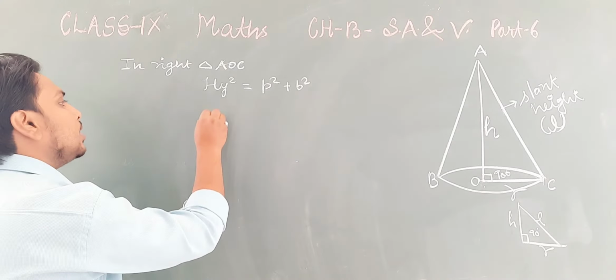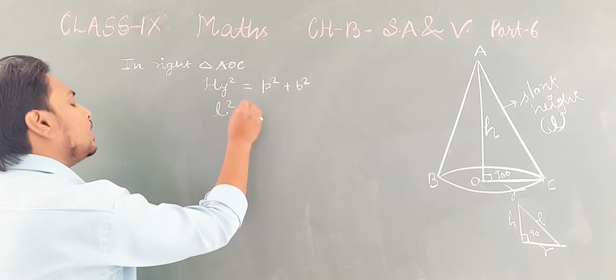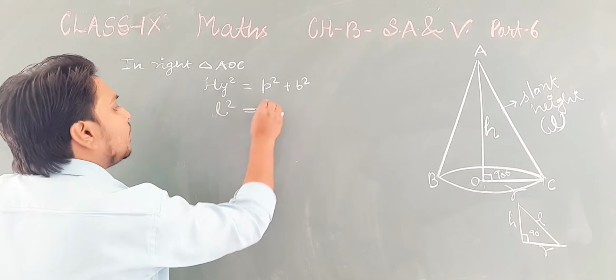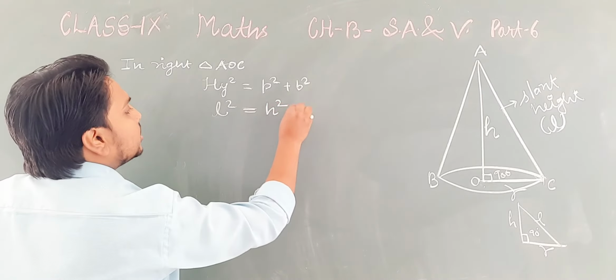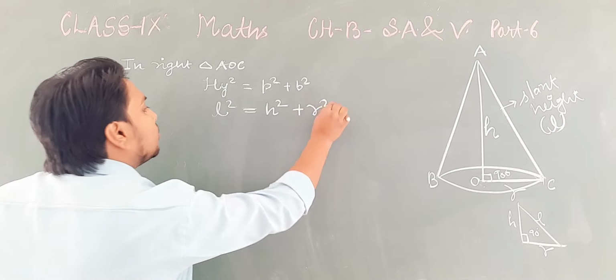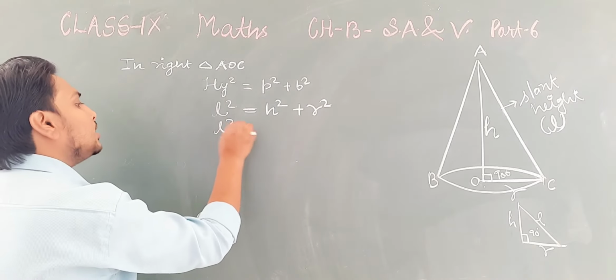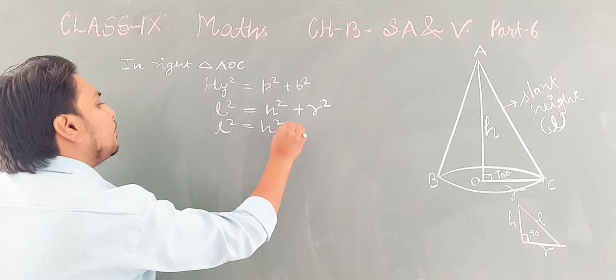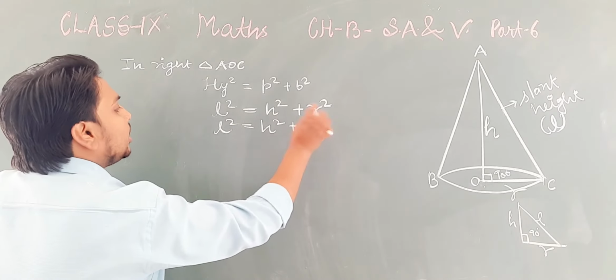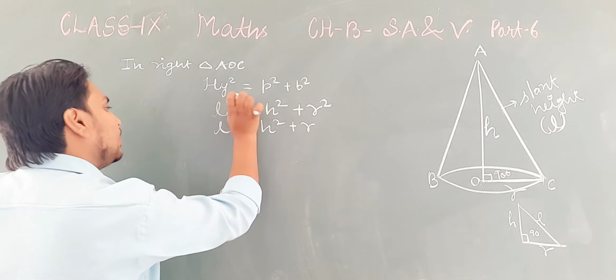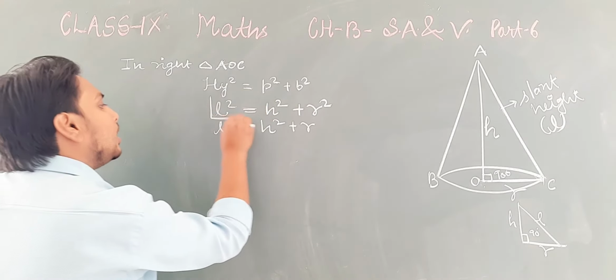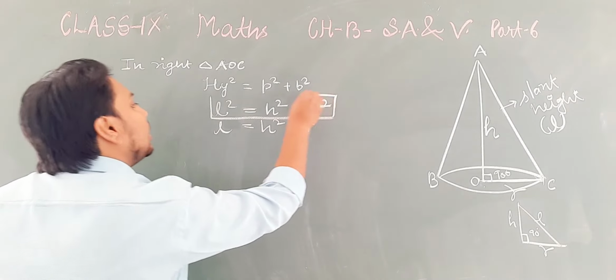The longest side is the hypotenuse, so it is L square. Perpendicular is h, so it is h square, and base is r, so r square. So here L square is equal to h square plus r square. This relation you have to remember: L square is equal to h square plus r square.